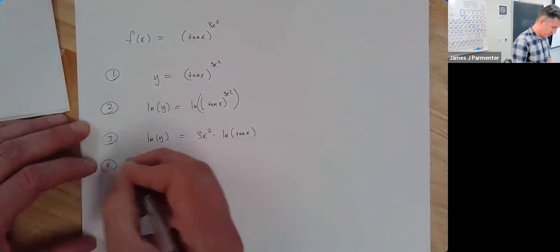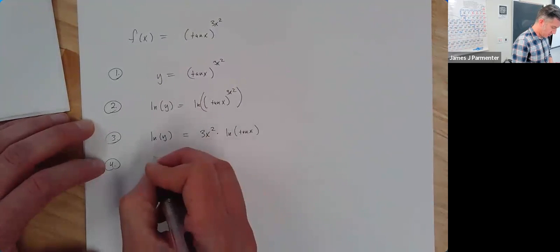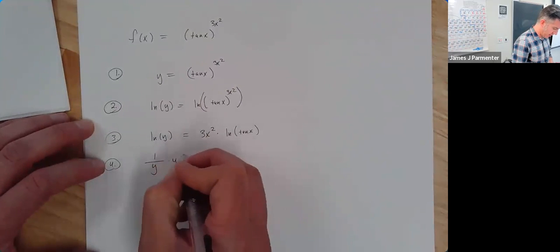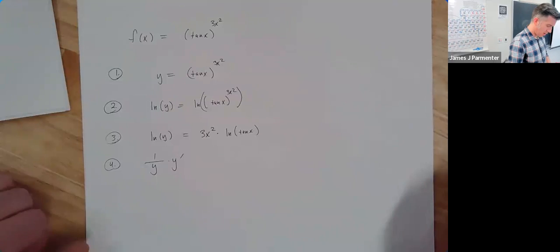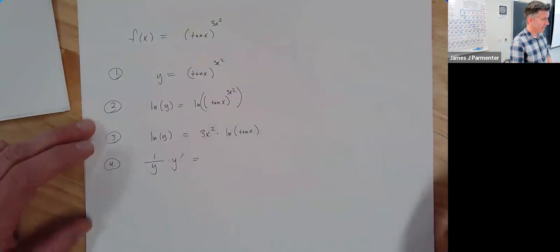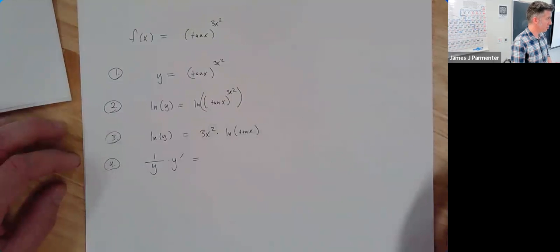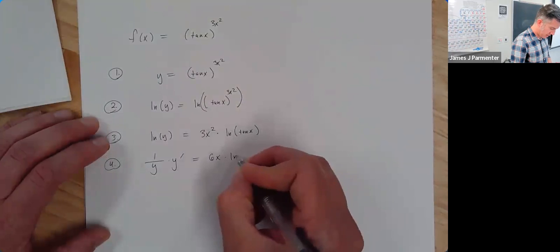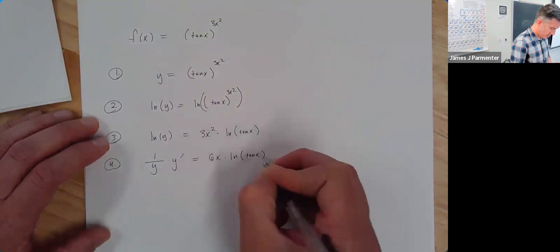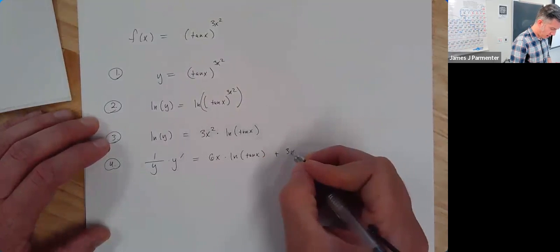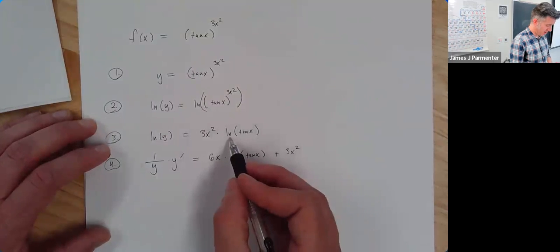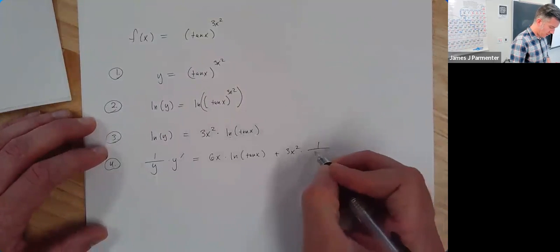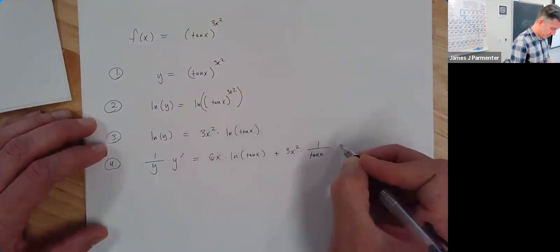The derivative of the natural log of some stuff is 1 over the stuff times the derivative of the stuff. On the right-hand side, I will always have to use the product rule. I'm going to get the derivative of 3x squared, which is 6x, times the natural log of tangent of x, plus 3x squared times the derivative of the natural log of some stuff, 1 over the stuff times the derivative of the stuff.